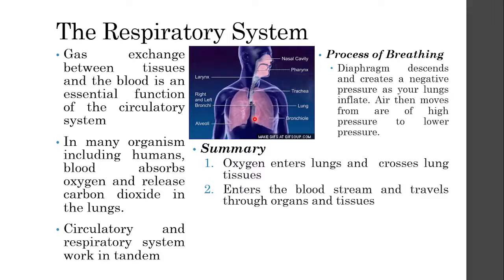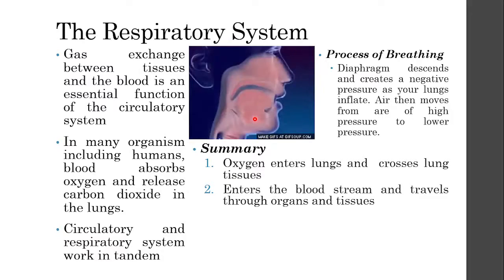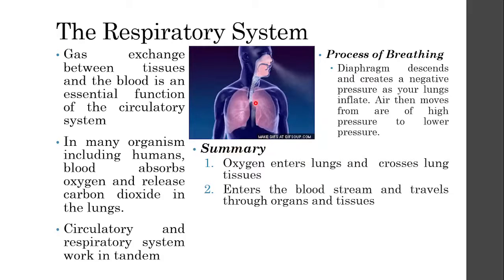And in the lungs, there are much smaller organs which will allow the oxygen from the air that we breathe to pass from the lungs into the capillaries or into the blood vessels of our body. So magmamove si oxygen from the lungs, magkukross siya sa tissues ni lungs, and papasok siya sa ating bloodstream.